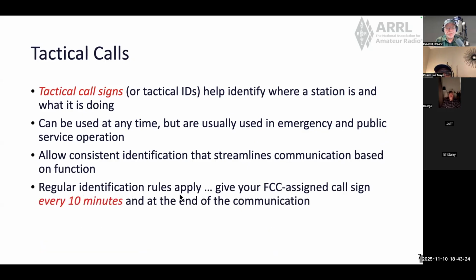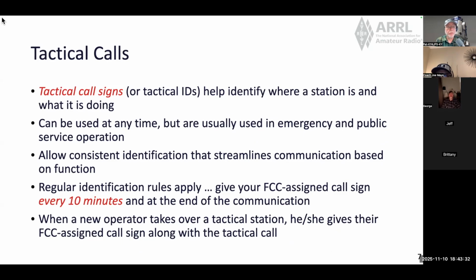Regular identification rules apply. Give your FCC assigned call sign every 10 minutes and at the end of the communication. When a new operator takes over a tactical station, he or she will give their FCC assigned call sign along with the tactical call.